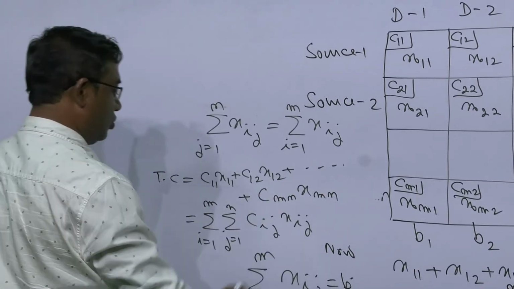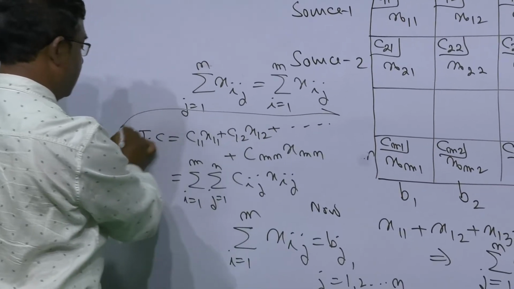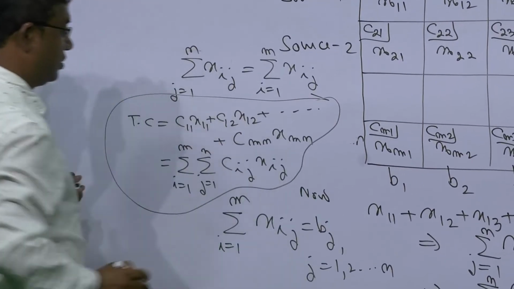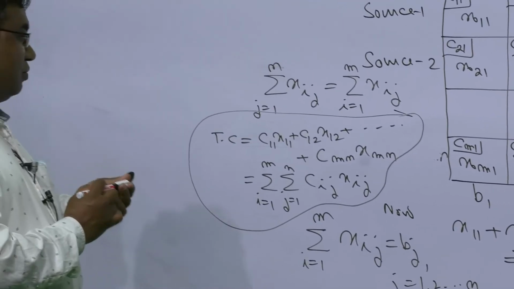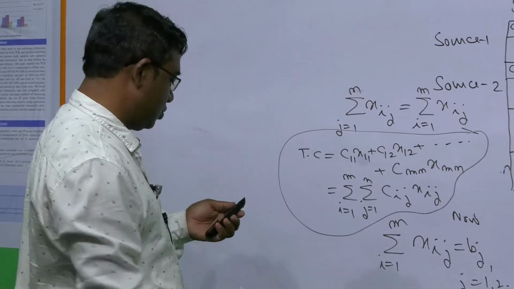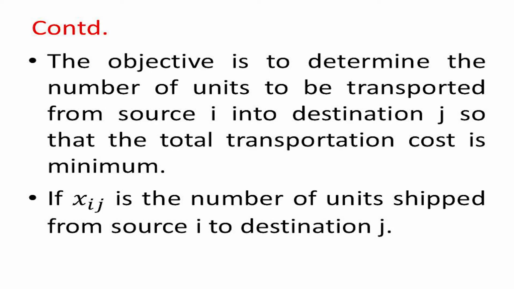This is the total transportation cost. So our main objective is to minimize the transportation cost. So our objective is to determine the number of units to be transported from different sources to different destinations, so that the total transportation cost is minimum.